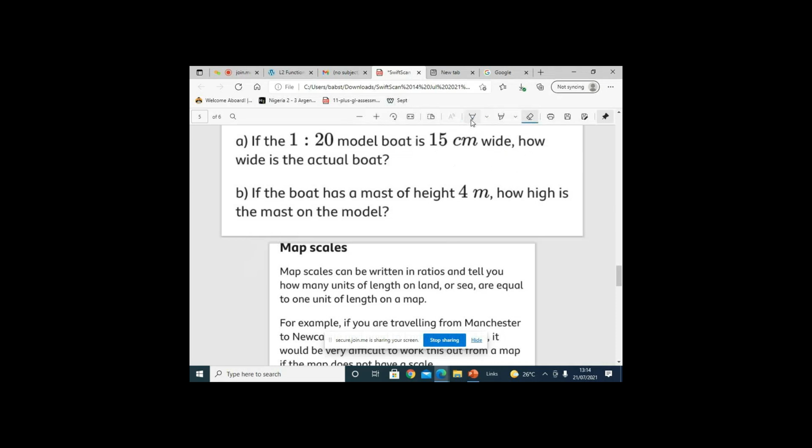And I told you earlier that what they gave you is 1 to 20, so 1 centimeter represents 20 centimeters. In real life, the boat is 4 meters high, so you have to convert that 4 meters to centimeters. You multiply by 100. So 4 times 100 equals 400.